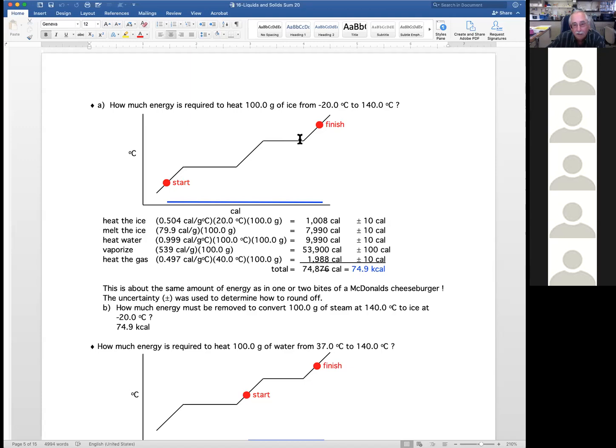And then I got to vaporize it. I got to go from here to here. This is where the biggest value is, right here. And then I got steam at 100 degrees. I got to get it up by 40 more degrees. So another temperature change of 40. And then I just simply add them all up.